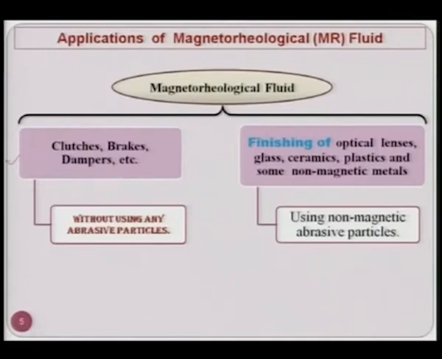Although you can finish magnetic materials also, there are certain limitations under which magnetic materials can be finished. Here you are using non-magnetic abrasive particles for finishing purposes. This is one of the very important parameters, the abrasive particle, which we will discuss later on.